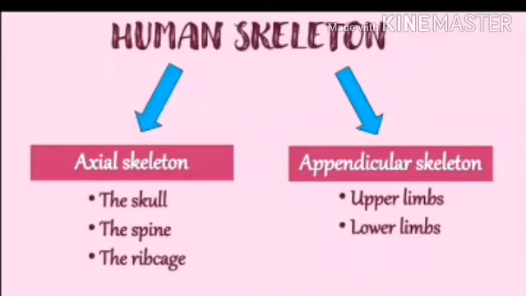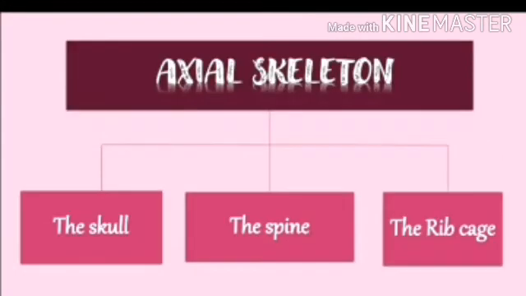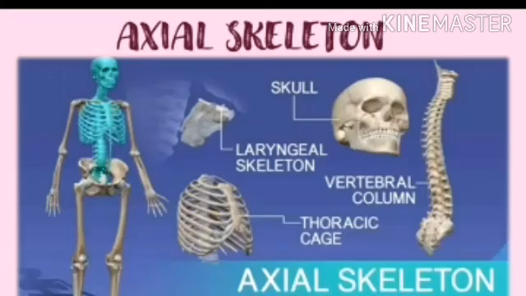Now we have to see the parts of the human skeleton, that is the axial skeleton and the appendicular skeleton. The axial skeleton has three parts: the skull, the spine and the rib cage. See the blue colored part in the picture of the human skeleton.